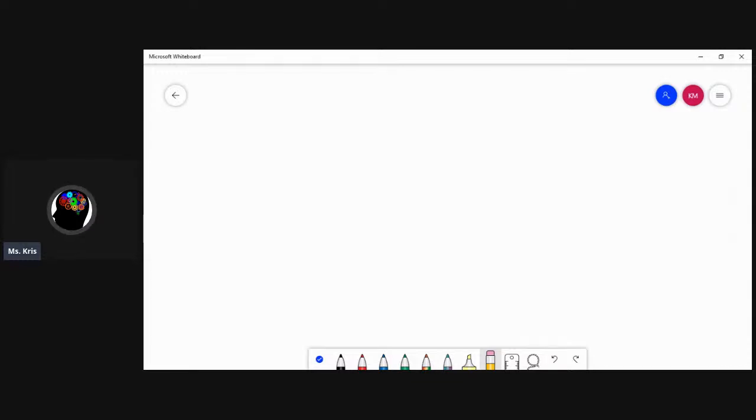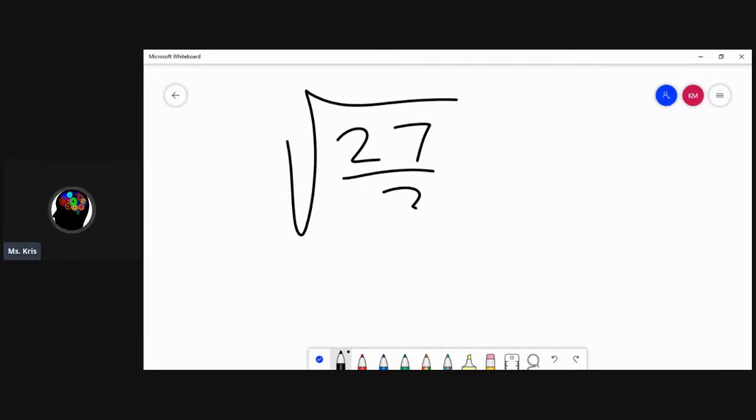Next, we did the simplified quotient, which allows you to simplify your numbers or your letters or both when you have a fraction under the radical sign. So, the square root of 27 over 3.